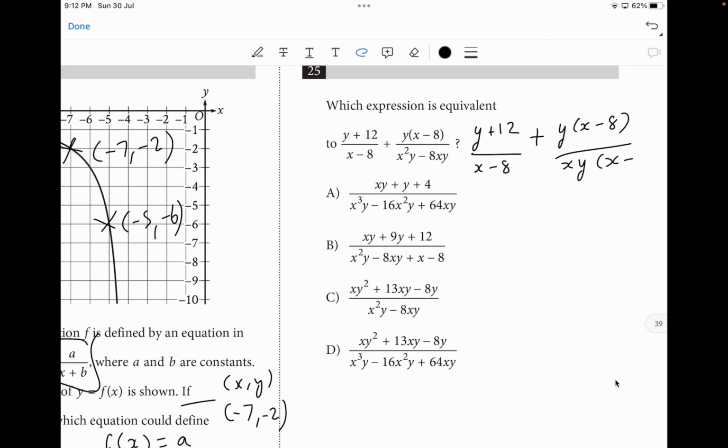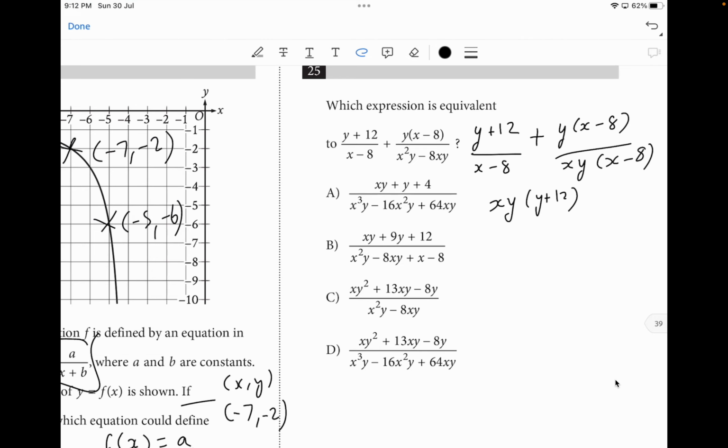Now this expression can be rewritten with common denominators by multiplying the first term by xy divided by xy. So you're going to multiply this part by xy. What I mean by that is it becomes xy brackets y plus 12.